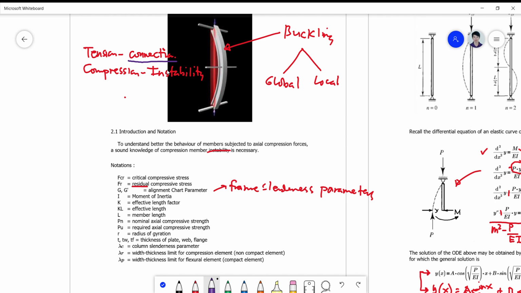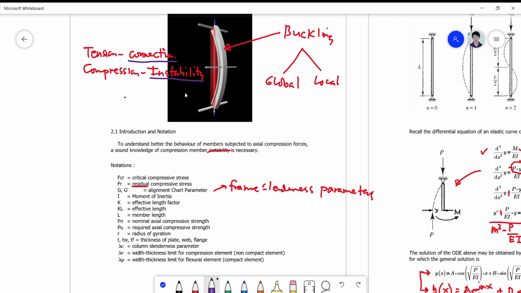The connections play a major role in the design. So when we talk of compression, it is not to say that the connections are not significant, but compression tells us more to be cautious in terms of instability issues.